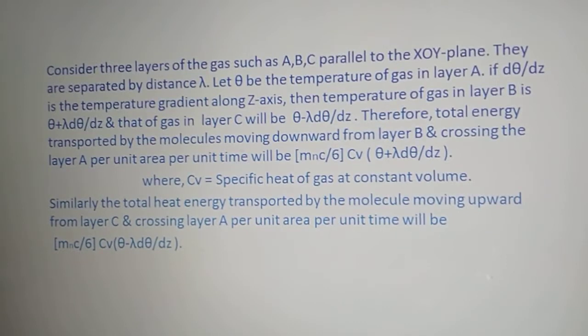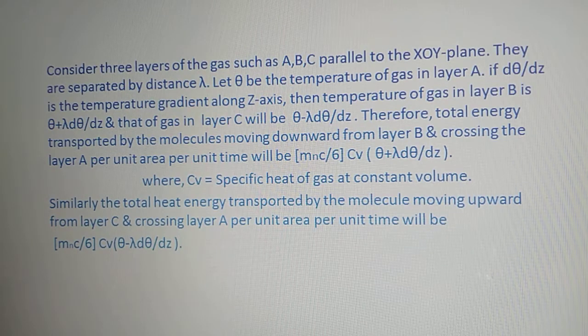Now let us consider the three layers of the gas which we have already seen in the diagram. The three layers A, B and C are all parallel to the XOY plane, and they are separated by distance lambda.